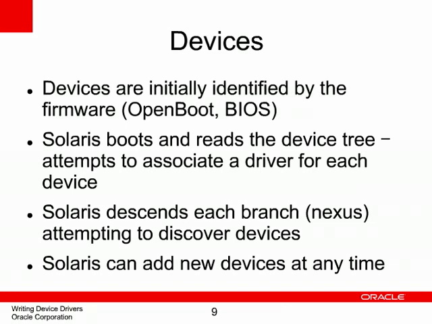Since not all devices are identified, Solaris also attempts to probe the fabric of devices and look for other additional devices. Solaris can add and remove devices at any time while the operating system is running. So if you have a hot plug event, a device can be discovered and the device attached and loaded at that time.